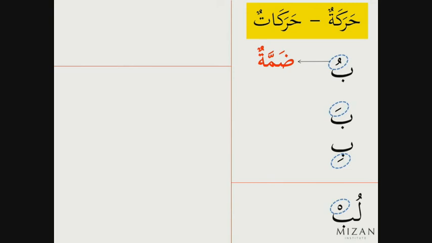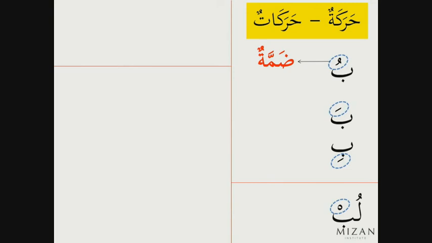In other words, a dhamma means a u. So if someone says there's a dhamma on the ba, what do they mean? What's on the ba? U. So instead of saying u every time in class, we'll often use the word dhamma. We'll say there's a dhamma on the ba. All we mean is that there's a u on the ba.